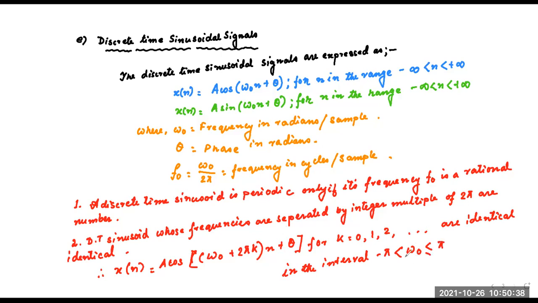That means if omega 0 lies between minus pi to plus pi, they are identical, and so they cannot be distinguished, so they are indistinguishable.